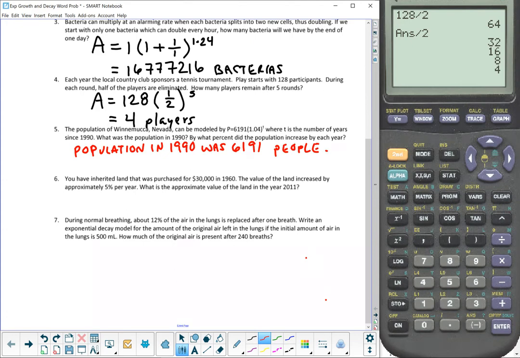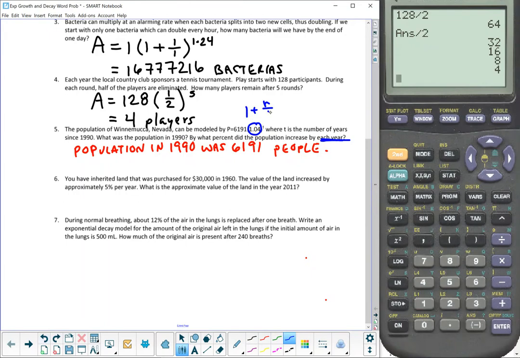Second part: by what percent did the population increase each year? Again, it's just asking you to identify certain parts of a formula. Inside this part, remember, it should be 1 plus the rate over the number of times it gets compounded. In this case it's 1 time, because T is the number of years, so it's once a year. So that's R over N, and N is 1.